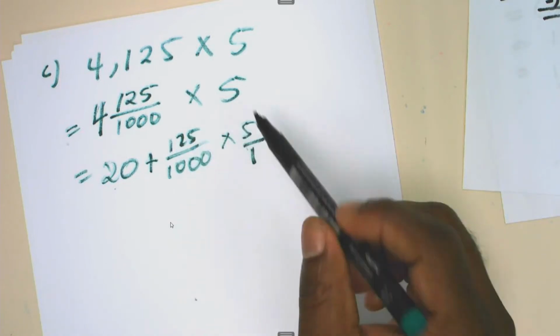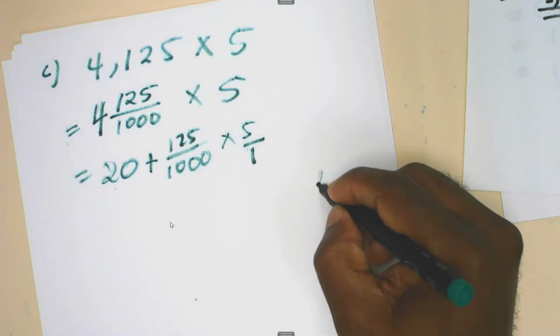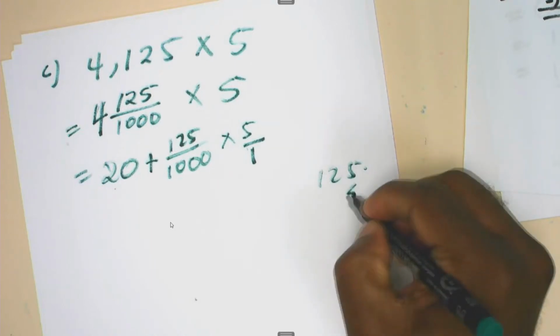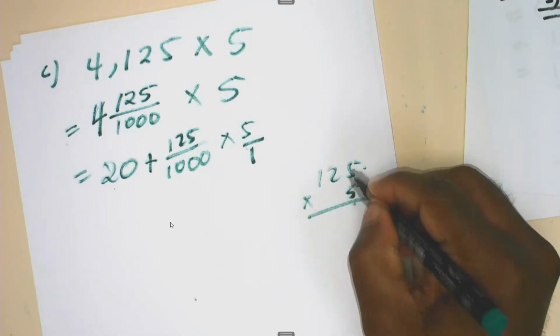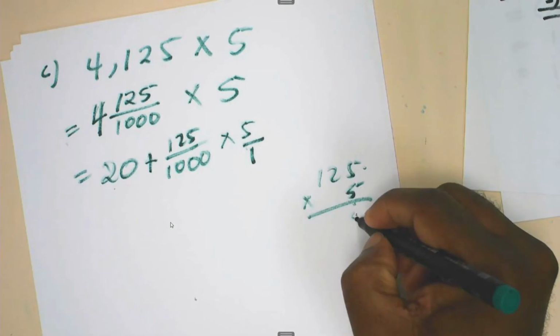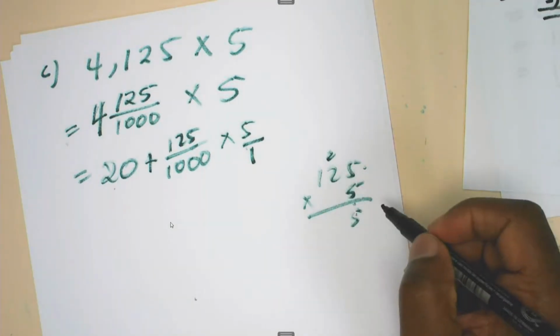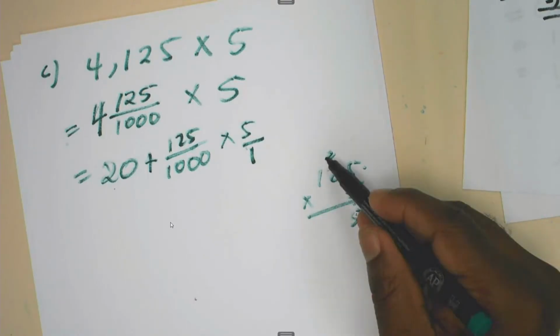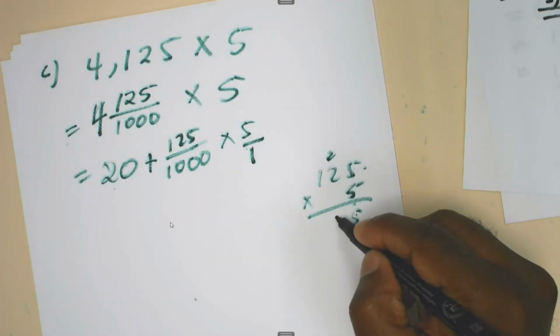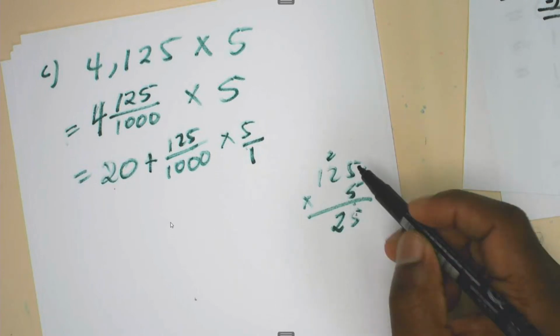125 multiplied by 5, it's how much? 5 times 5 is 25. We are having 5. We carry 2. And then 5 multiplied by 2 is going to be 10 plus that 2 is 12. Then we put 2. We carry 1.